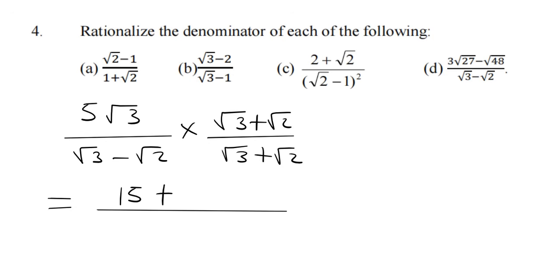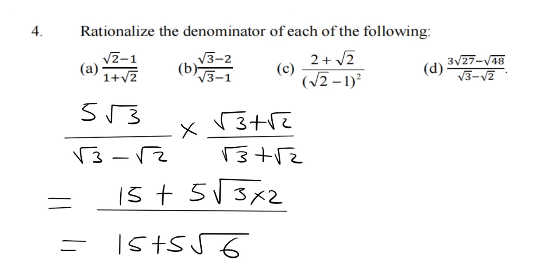So we're going to have 5, but since we've got root 3 and root 2, this is going to simplify as 3 multiplied by 2 in the brackets. So our final answer will be 15 plus 5, and in the brackets, we are going to have 6. Okay, so this is how we solve this one.